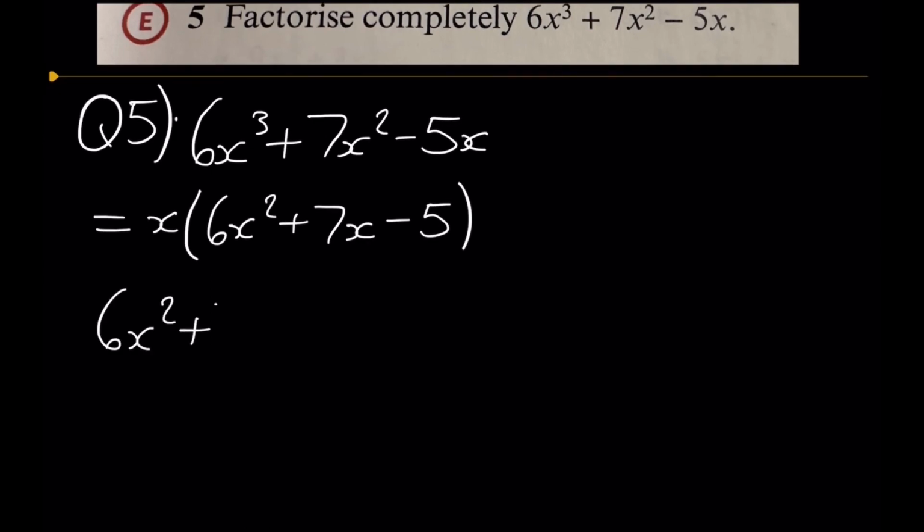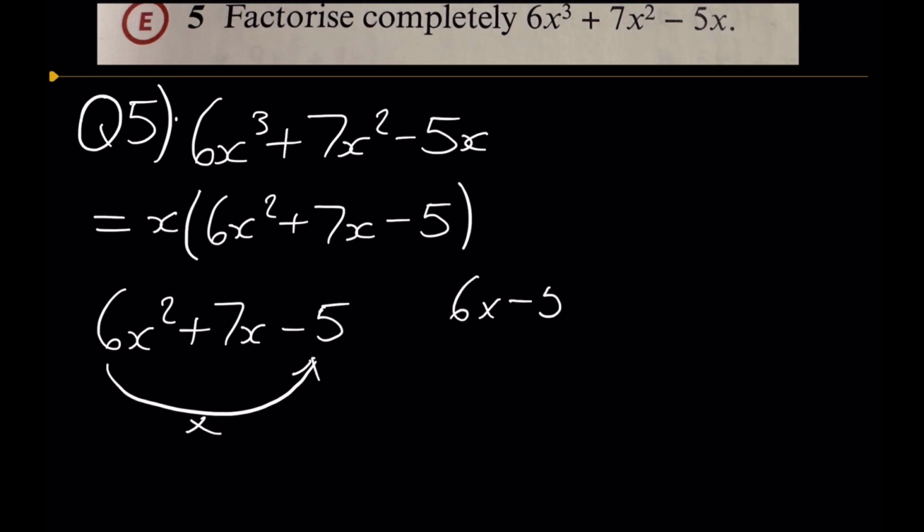So now we have to factorize 6x squared plus 7x minus 5. 6 times minus 5 is minus 30. So two numbers that multiply to give us minus 30 and add to give us 7 are 10 and minus 3.